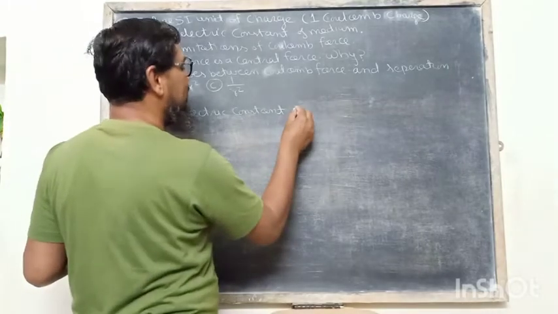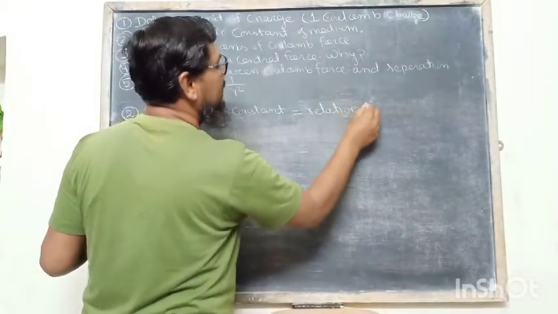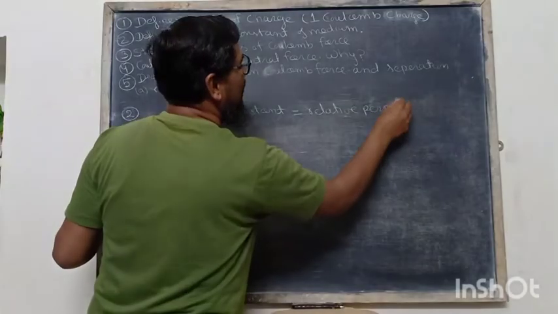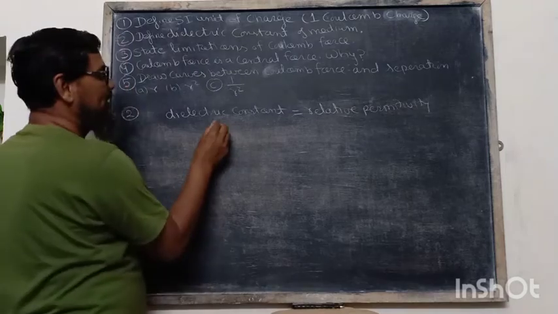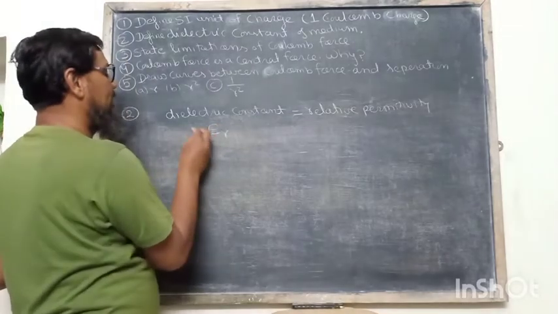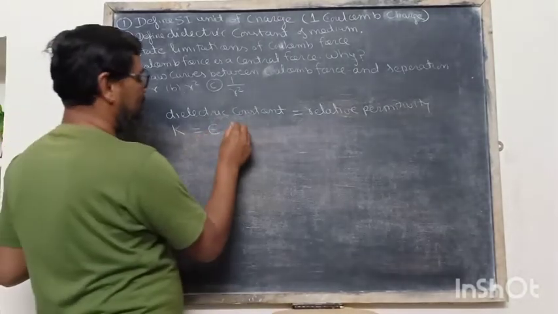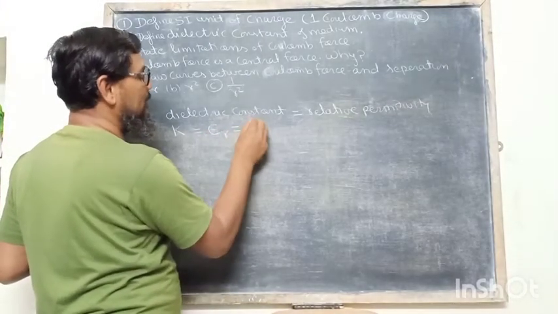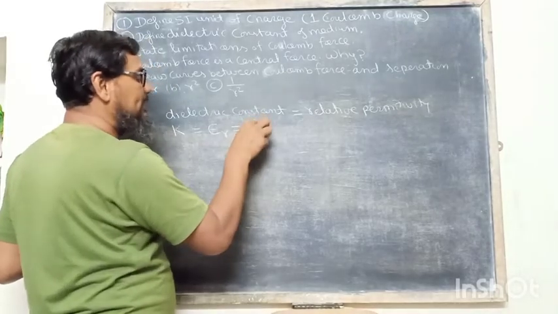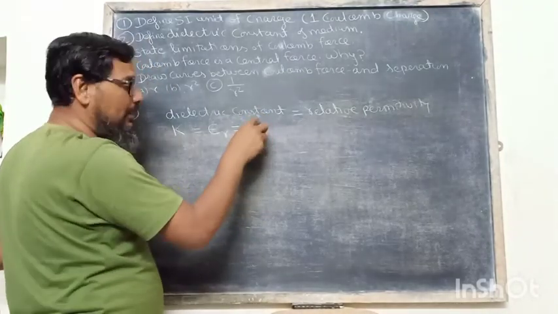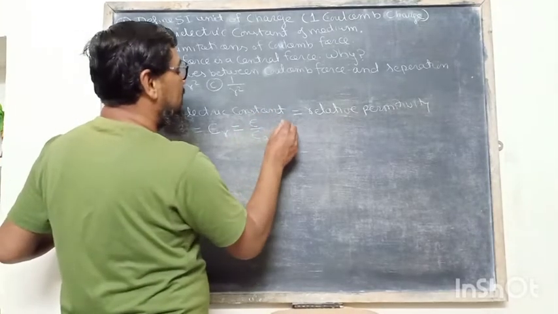Relative permittivity is denoted by epsilon r, and dielectric constant is sometimes expressed by K. Epsilon r is equal to epsilon upon epsilon naught, the permittivity of medium and the permittivity of vacuum.